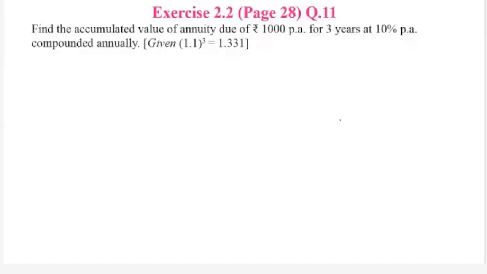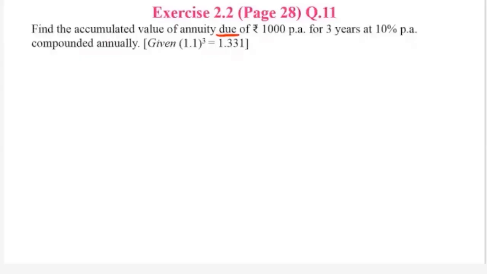Chalo. Find accumulated value of annuity due. Dear student, the first time we have come across this. I'm underlining the important word. Find accumulated value of annuity due. This is not immediate annuity, this is annuity due. And what is accumulated value?